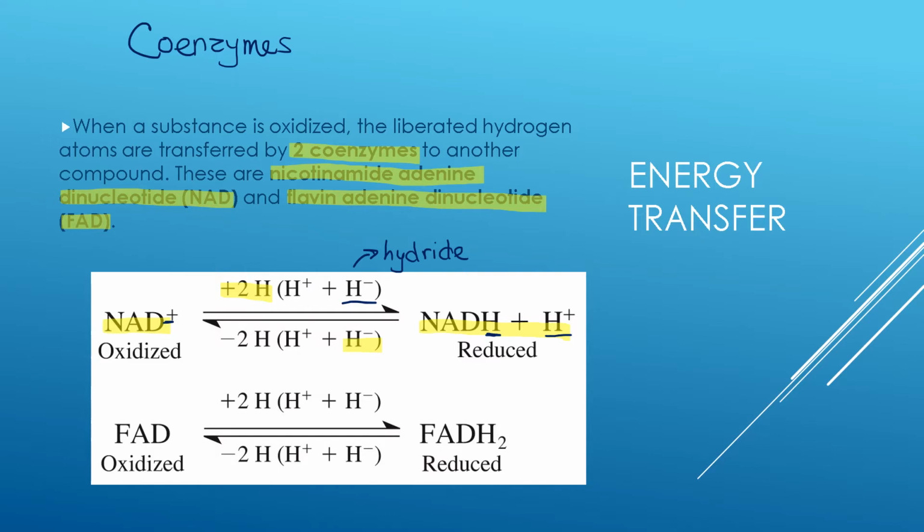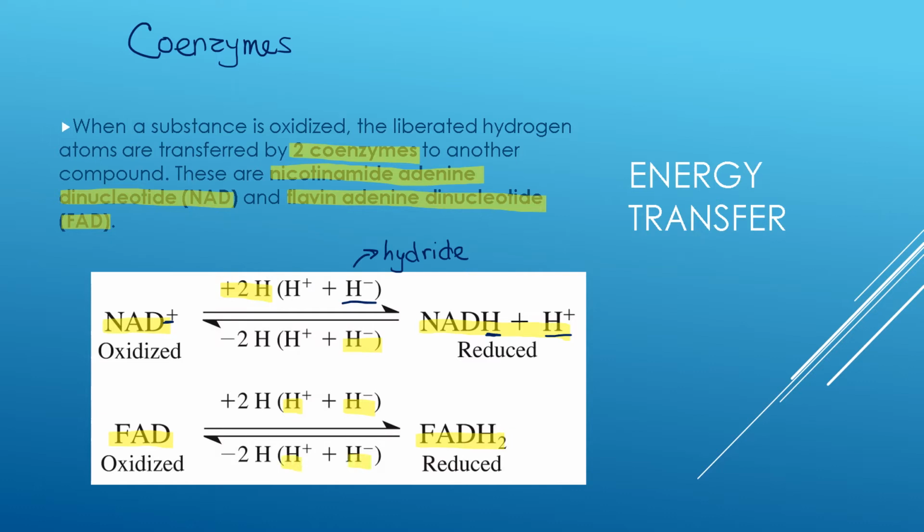On the other hand, with FAD, when FAD is reduced to FADH2, it's going to gain a hydrogen atom and a hydride ion. And when FADH2 is oxidized to FAD, it's going to lose those same 2 ions.